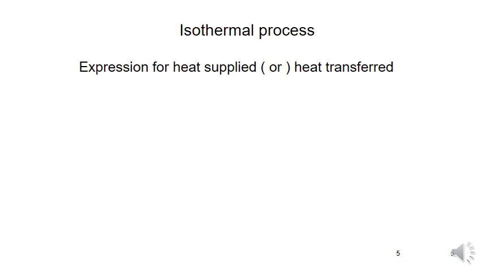Now the expression for the heat supplied or heat transferred. We can call it heat supplied or heat transferred, and we represent heat supplied with Q1 or Qs. From the non-flow energy equation, we know that dQ is equal to dU plus dW.